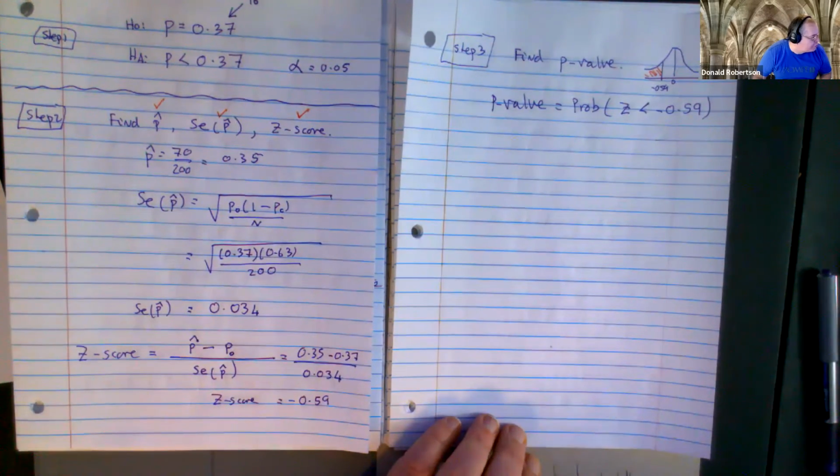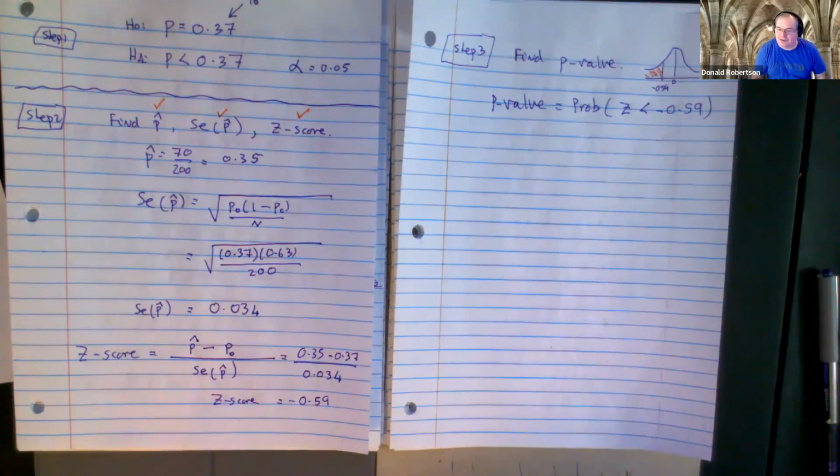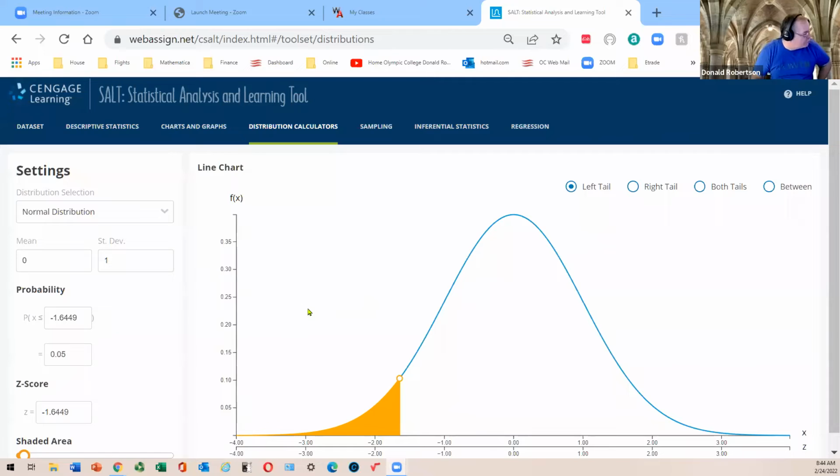This is going to be done using Salt, but I'm not going to show you Salt because it's a pain right now. I'm just going to do it, and if it works, I'll show you. Okay, go figure, it's worked. So click over to Salt, and we are going to find out the probability of getting a z-score less than negative 0.59.